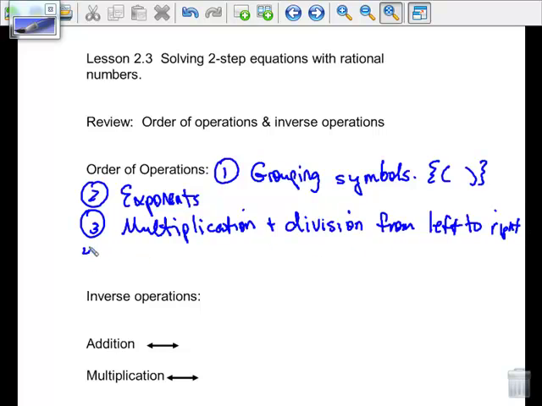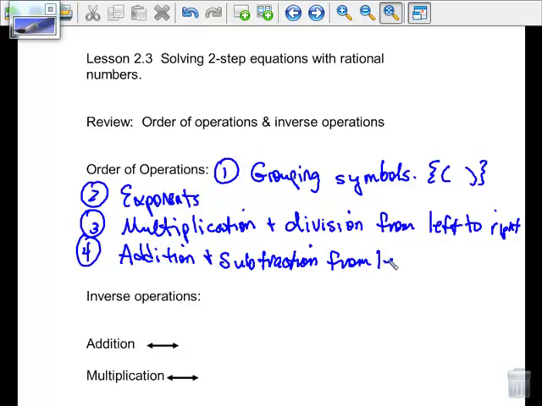And step 4 is addition and subtraction from left to right. Which is quite fondly referred to as "please excuse my dear Aunt Sally."